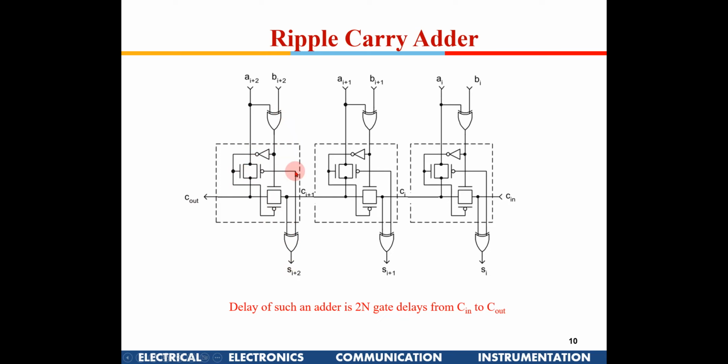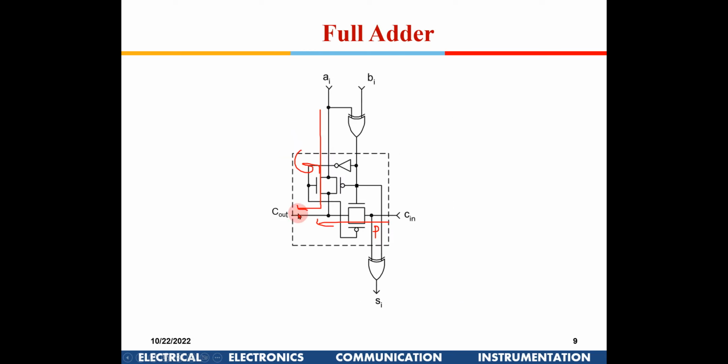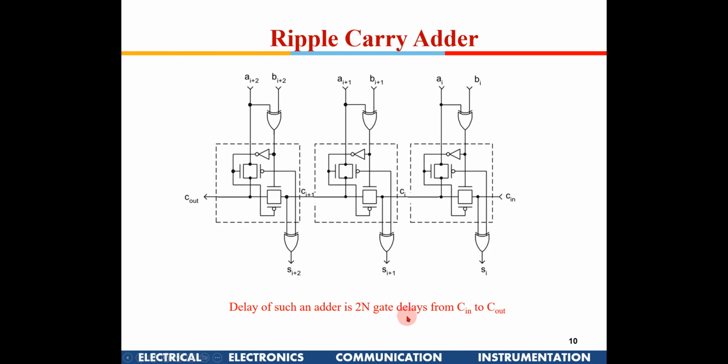If you see the carry out here, this carry is coming from one transmission gate here, one gate, and this is the second gate. Here also A is available here, one transmission gate, second. So on an average you can call this C out is coming after two gate delays. So you have for n stages 2n gate delays. Okay, so that is what a ripple carry adder is.